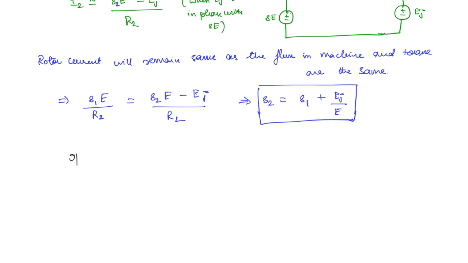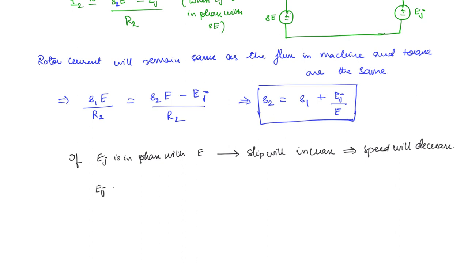You can write down, if Ej is in phase with E, that is when we got this expression, right? If it is in phase with E, then slip will increase, meaning that speed will decrease.